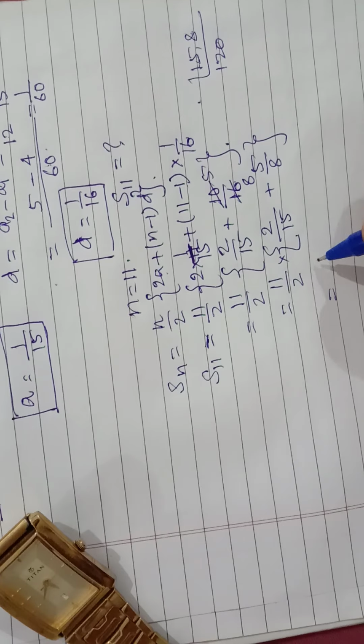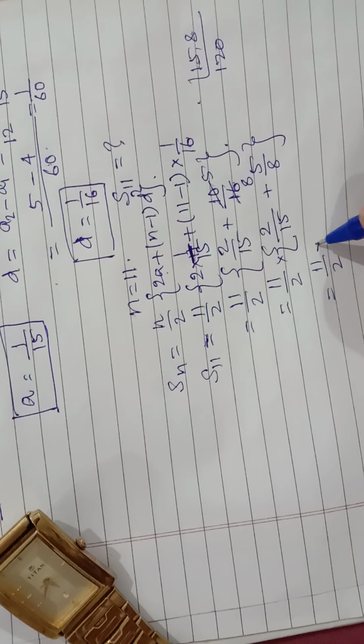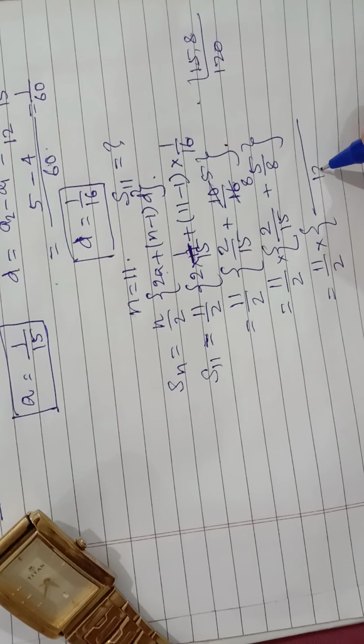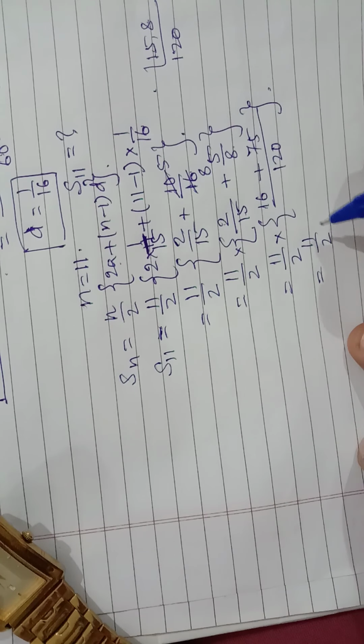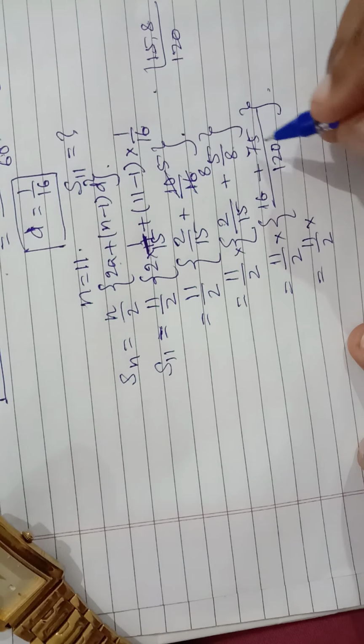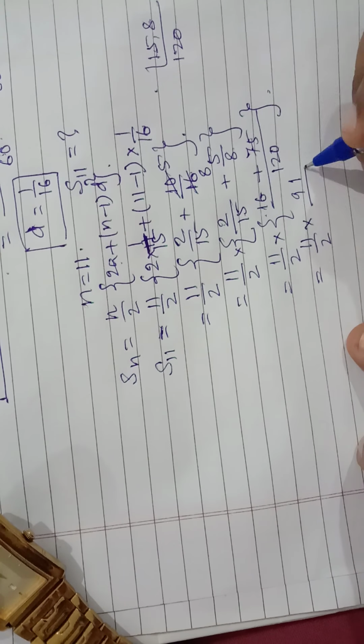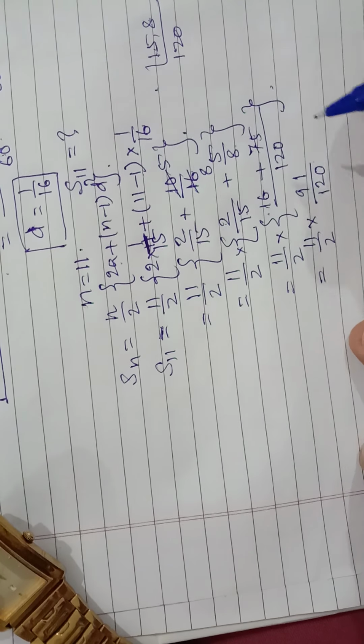So 11 by 2 into this, the LCM will be 30. So it is 4 plus 5, it is 9 by 30. So it is not cancelling.